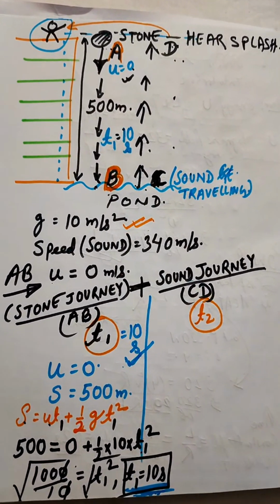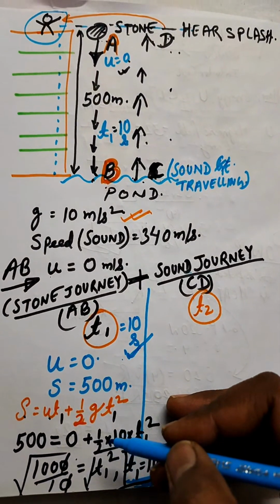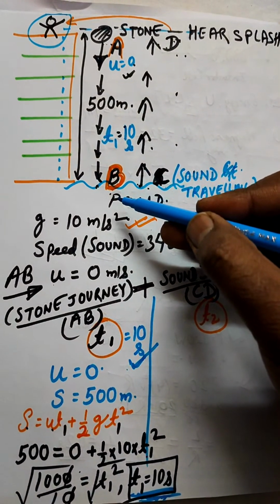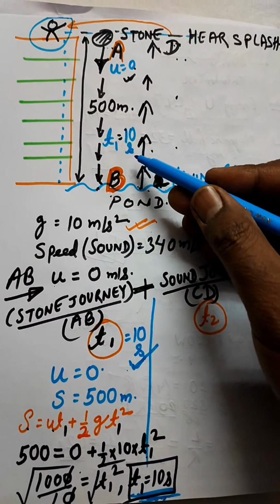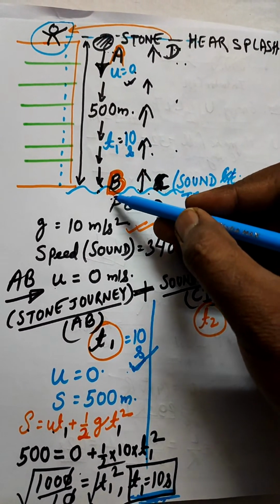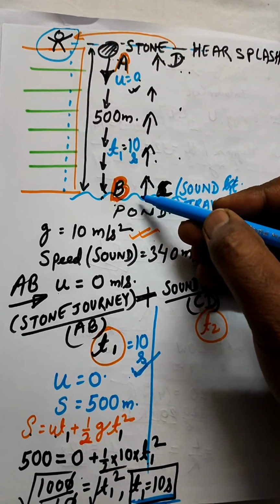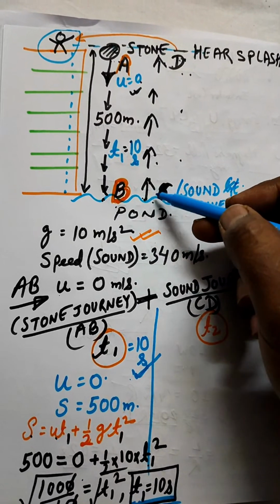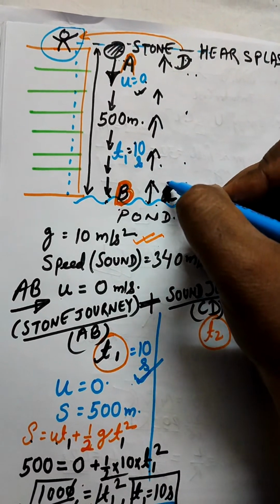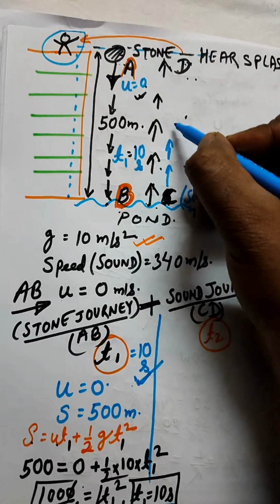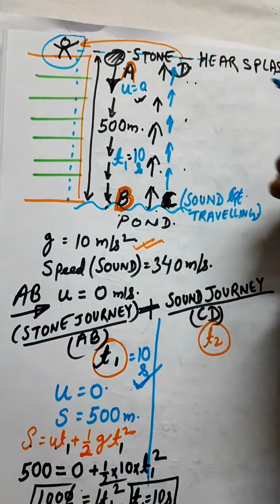So do one thing. You have already calculated the time taken by the stone to reach the pond. That is 10 seconds. Now what is the time taken by the sound? So sound is generated when the stone hits the pond at B, and then it travels from C to D. So this is the sound path. Sound will go along this way, C to D. When it reaches D, you are able to listen because this is at your level.